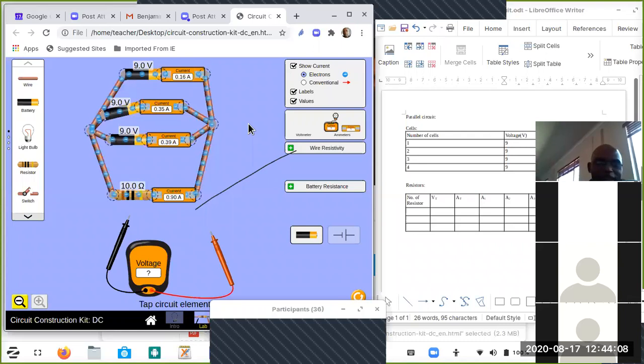So if you add the three currents of the cells that are parallel to each other, does it add up to the total current flowing through the circuit? May you quickly check that? Yes, it does.